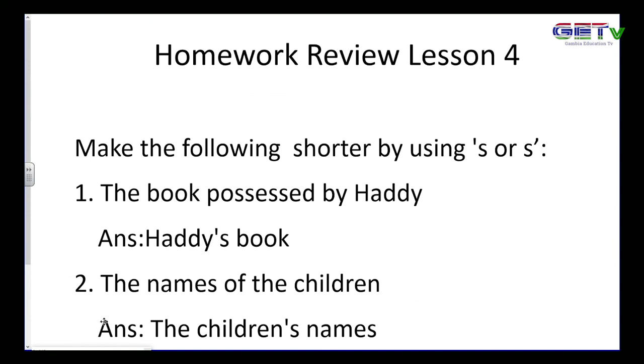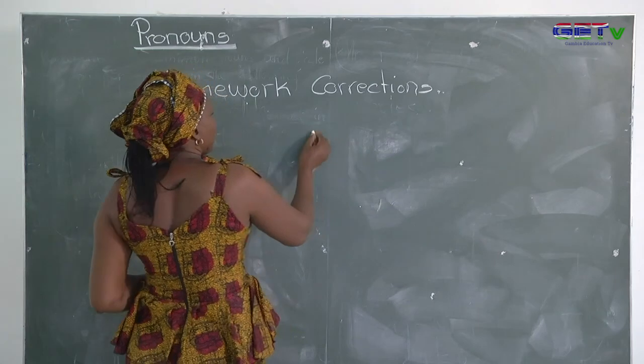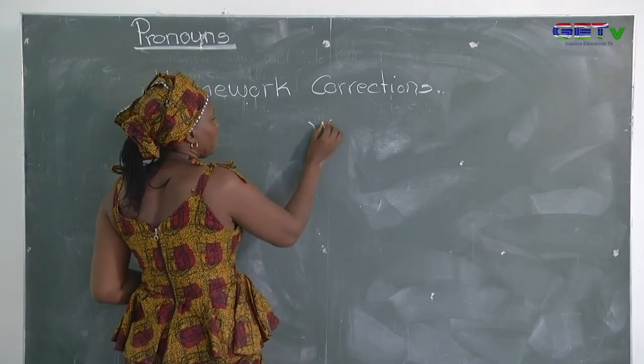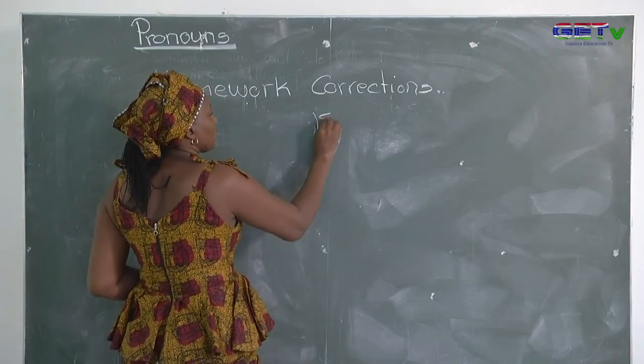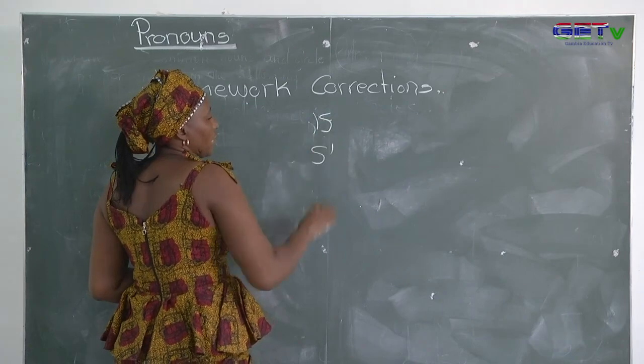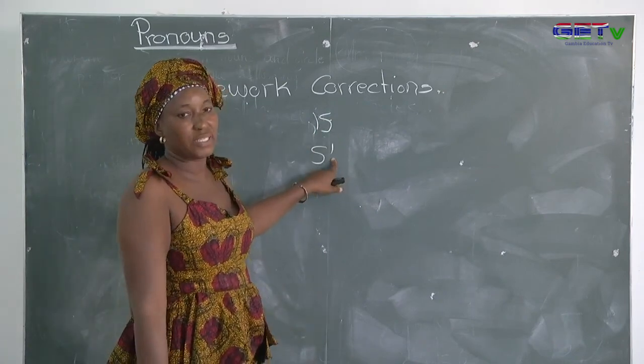You were asked to make the following shorter using apostrophe S, and when we say possessive, it gets apostrophe S. And then we also use S and then apostrophe.